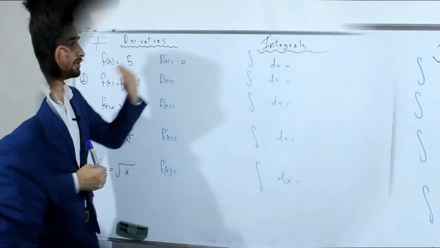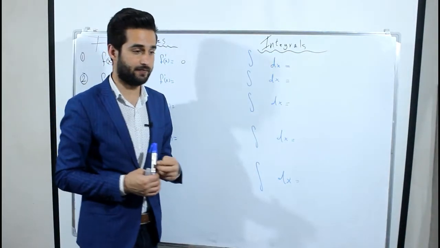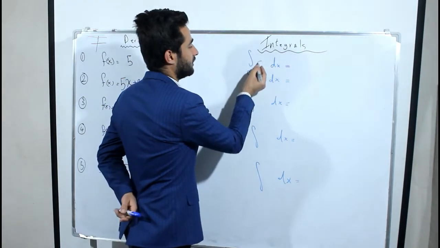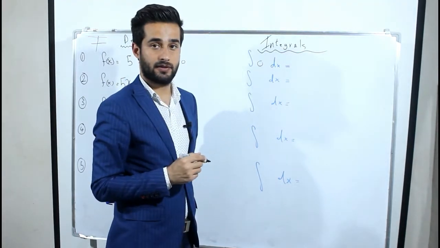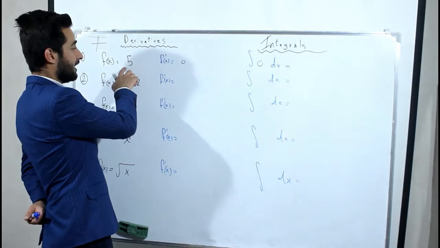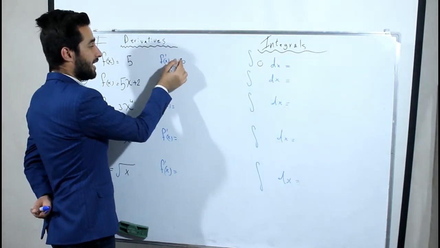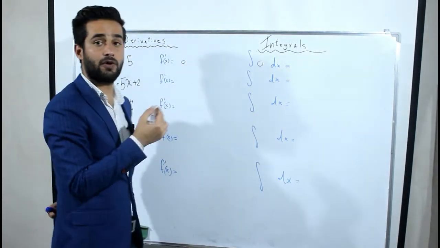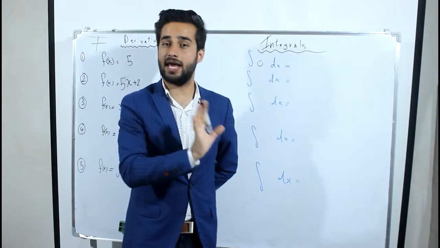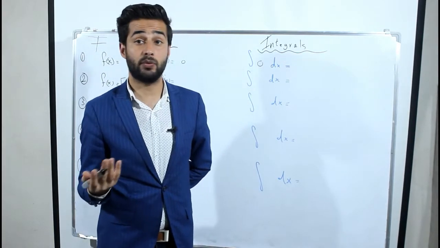Now let's jump to integrals. What is the integral of 0? Look, any number's derivative is equal to 0, so the antiderivative becomes 5, 7, 3, 8, any number, but which number we don't know.